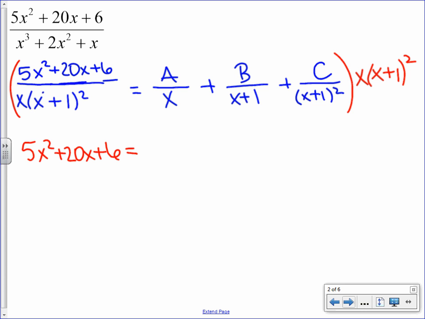All right, when we multiply it to A over x, the x's cancel, and we're left with A times (x plus 1) squared. Plus, x plus 1 cancels out, and we're left with B times x times (x plus 1). We still have an x there, right? We have x and x plus 1. And then the x plus 1 squareds cancel out, and we're left with C times x.